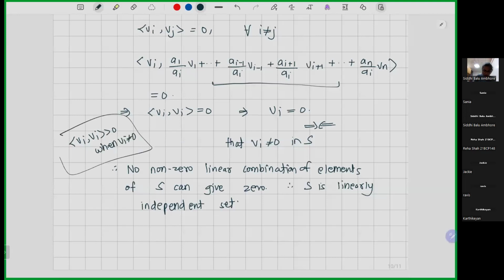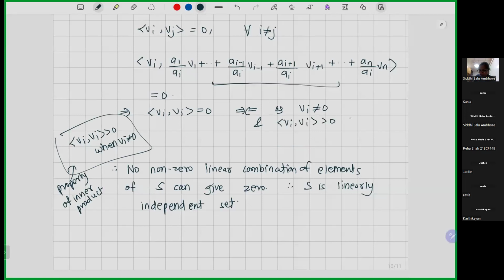This is the definition, or this is the property of inner product. Or if you don't like this, it is a contradiction, as Vi is non-zero and Vi comma Vi is greater than 0 by the property of inner product. Is it okay? Yes, Vi is 0 actually, because this statement actually gives that Vi is 0, and so on.